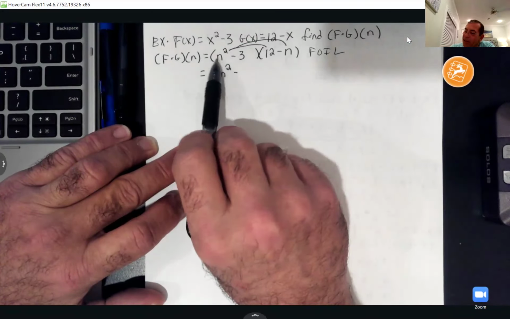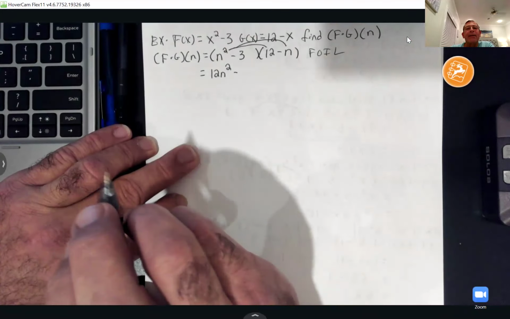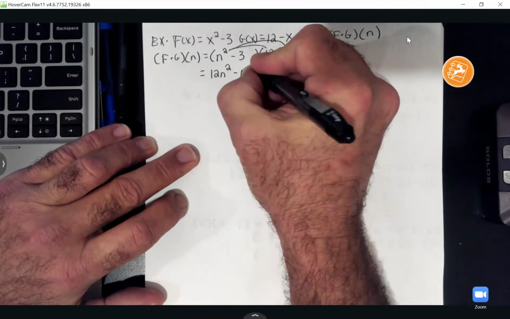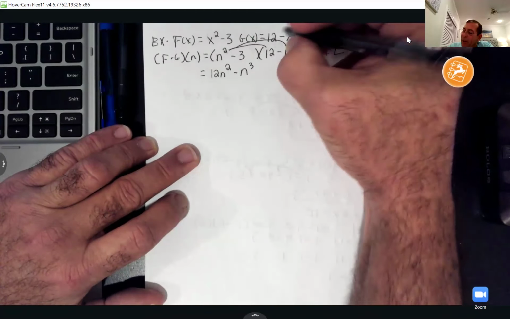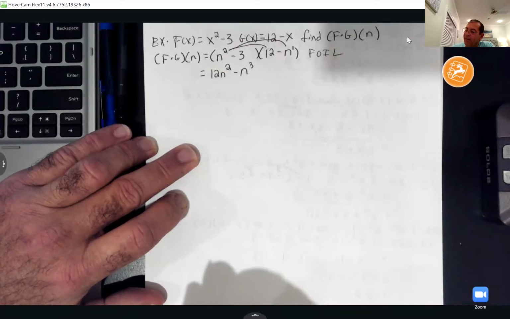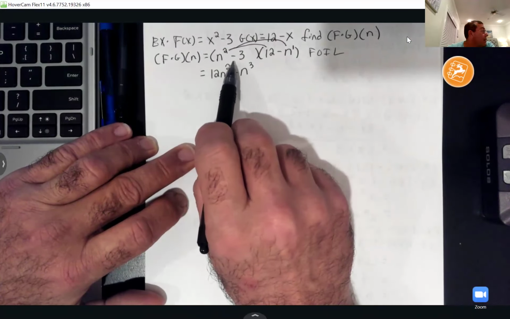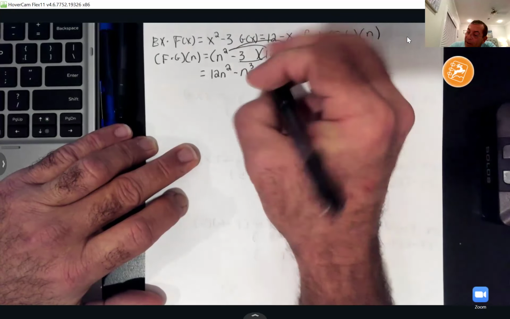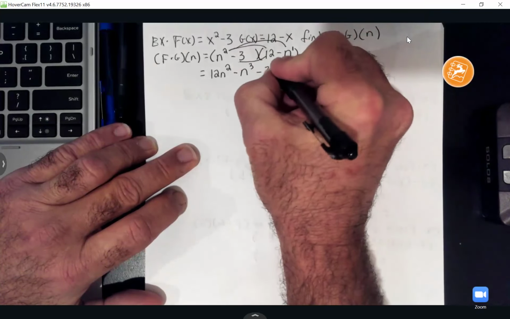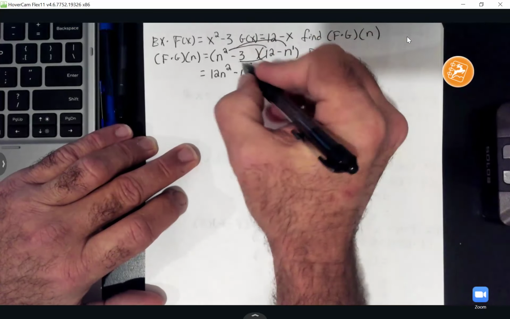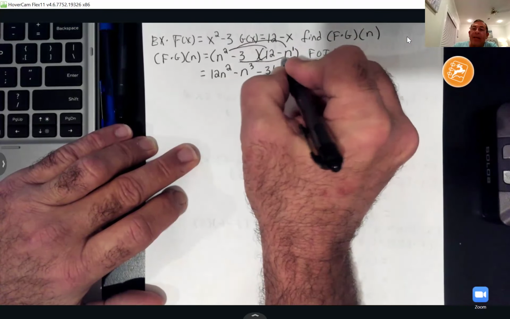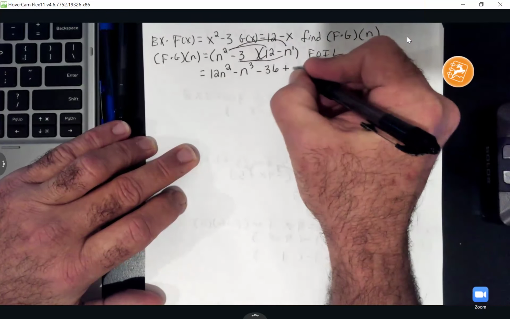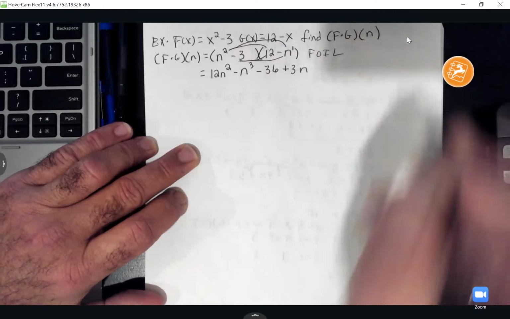So what do y'all get with an n squared times an n? It would be an n to the third power. Negative n to the third. Good job. So treat that n like it had a 1 again. All right, now I'm on my numbers. Negative 3 times 12 is a negative 36. And then that negative 3 times that negative n is a positive 3n.